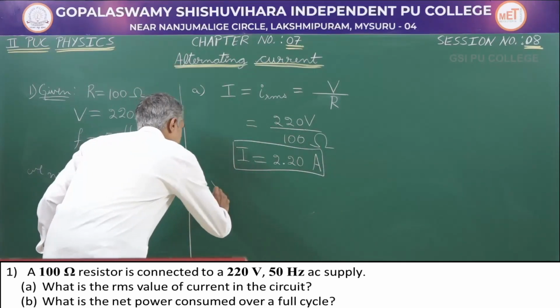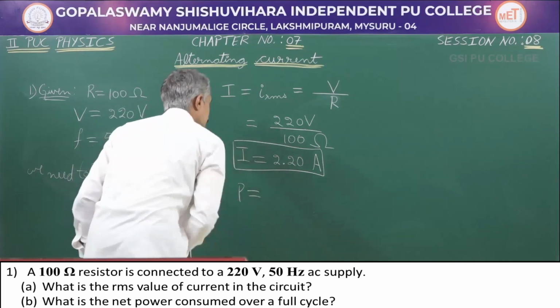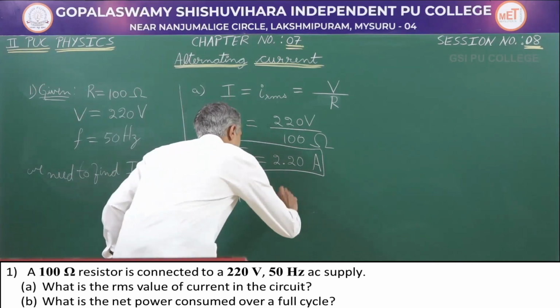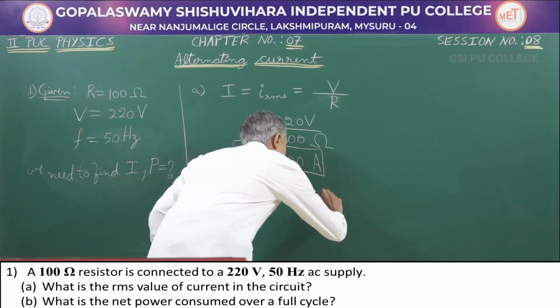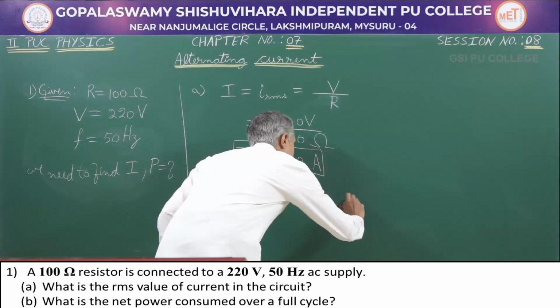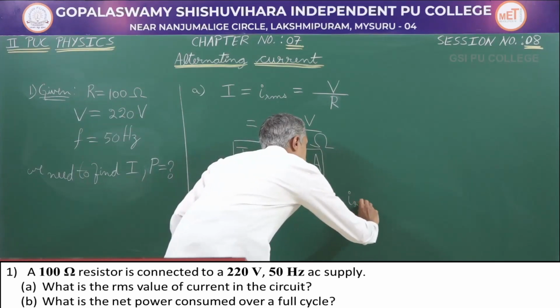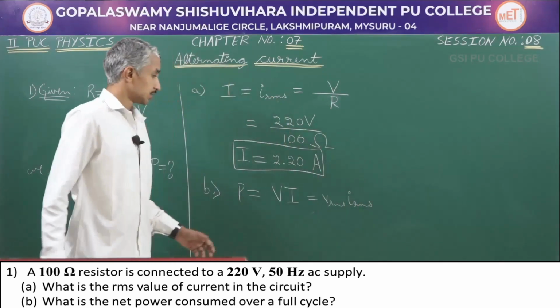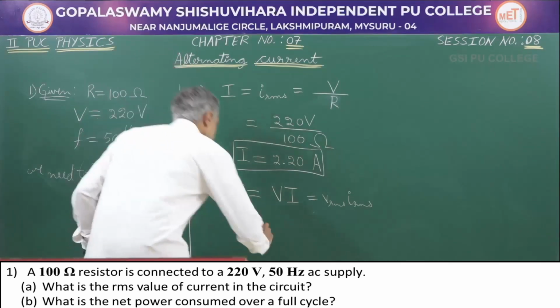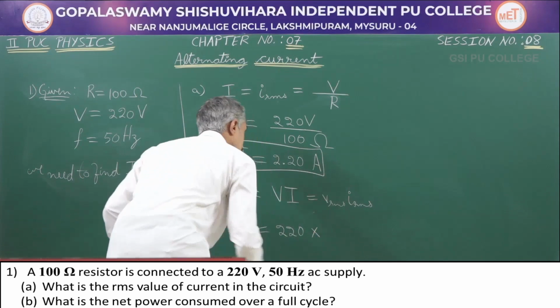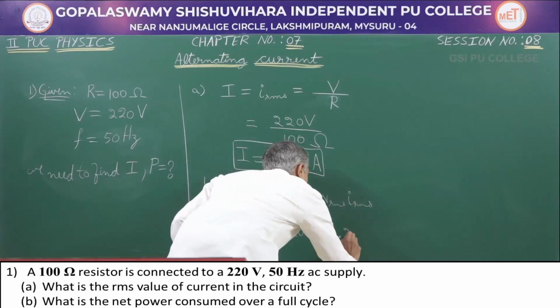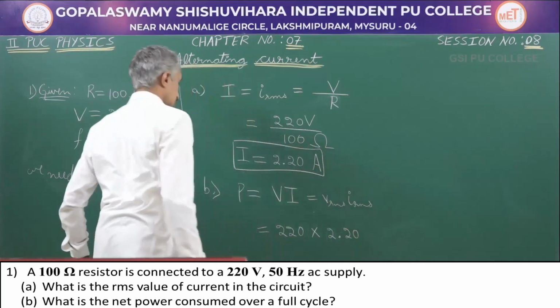The second part, the net power consumed over one complete cycle is going to be V into I, or you can also note them down as Vrms into Irms. So this is going to be 220 volts into 2.20 ampere.